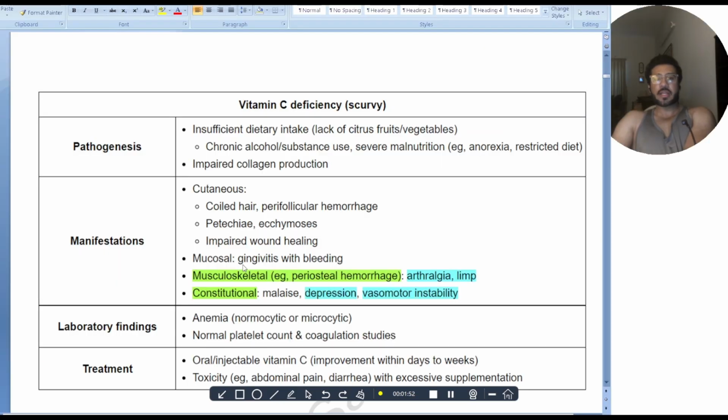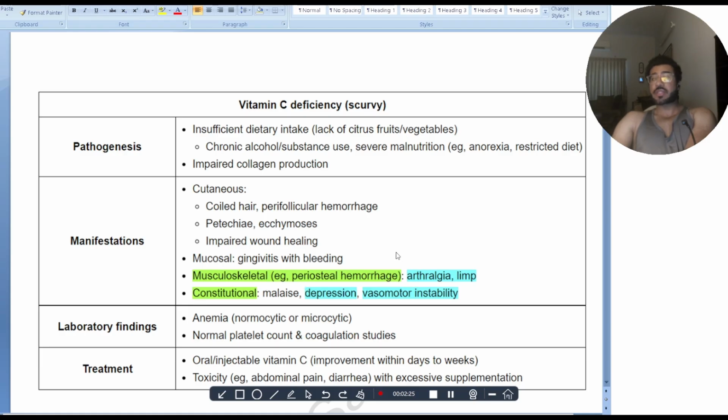So the mucosal findings would be inflammation of the gingiva accompanied with bleeding. This is the most common known manifestation of scurvy that everybody is aware of: bleeding from the gums and swelling in the gums as well. But it's not necessary that you always present with this presentation. Usually, the most common presentation, ironically, is just pain in the joints and due to periosteal hemorrhage.